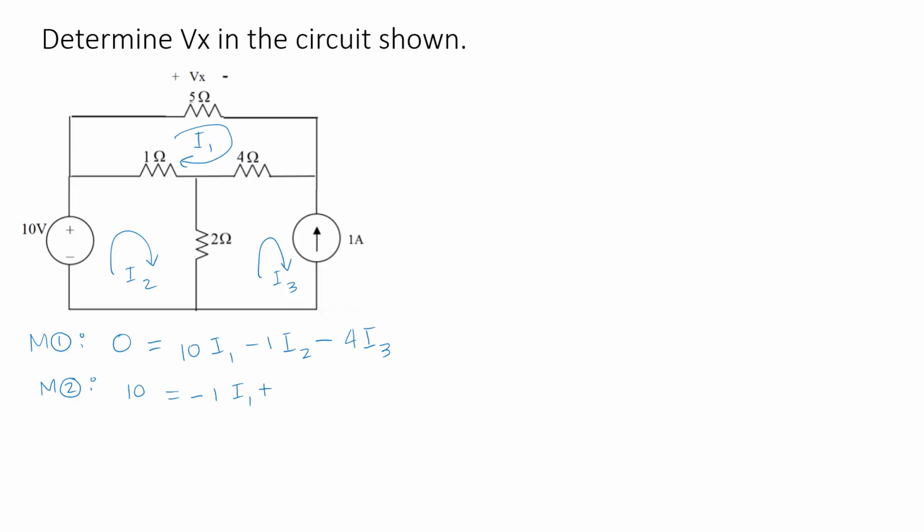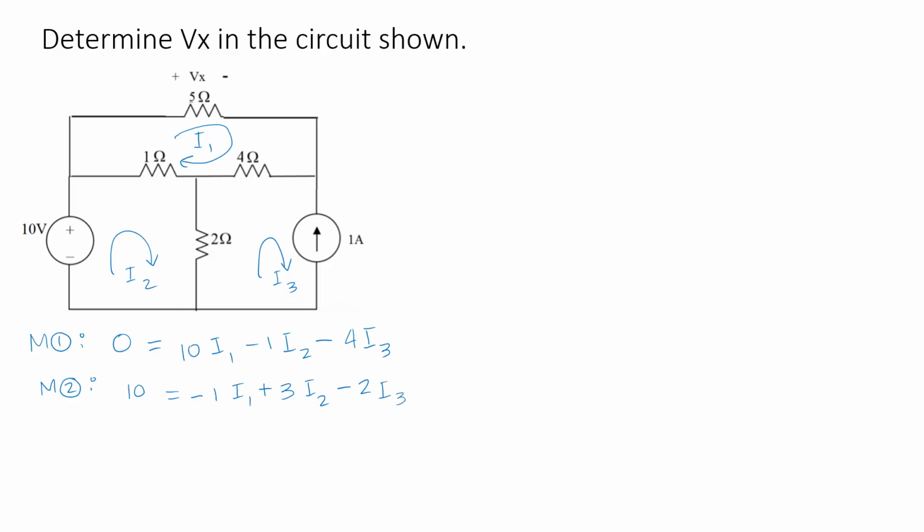We are at mesh 2, so we multiply I2 by the sum of resistances in mesh 2, and that is 2 plus 1 or 3 times I2. Then we subtract the common resistance, which is 2 multiplied by I3.